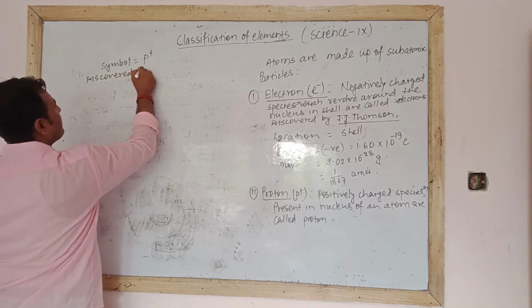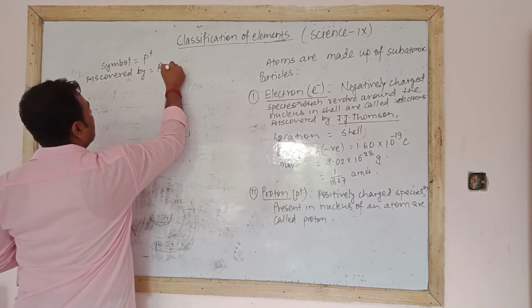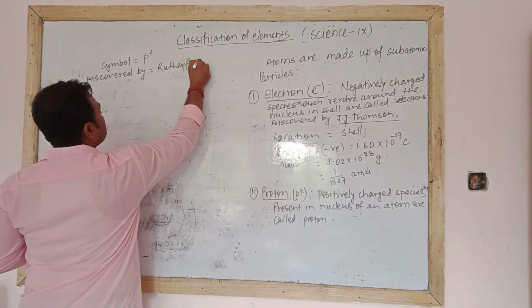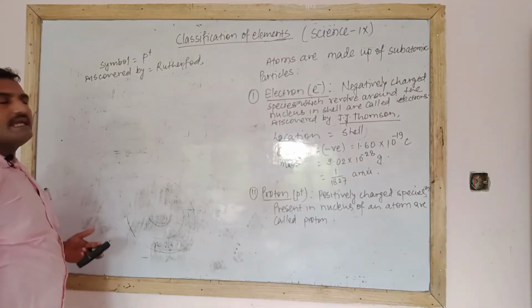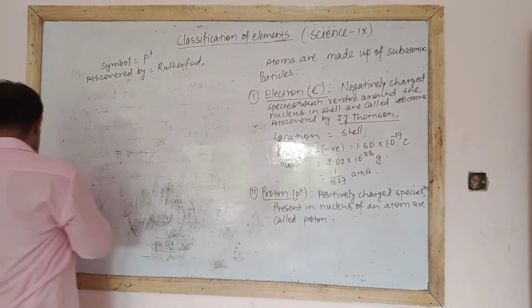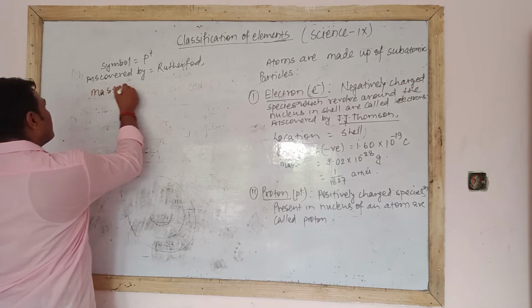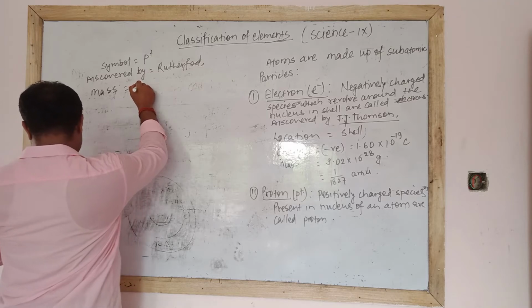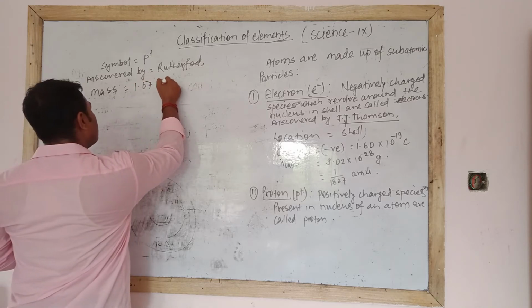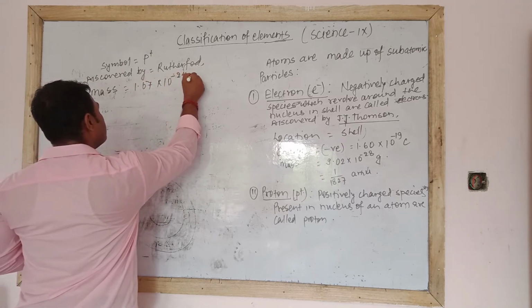Discovered by Rutherford, who first identified the proton. Its mass is 1.67 into 10 to the power minus 24 grams.